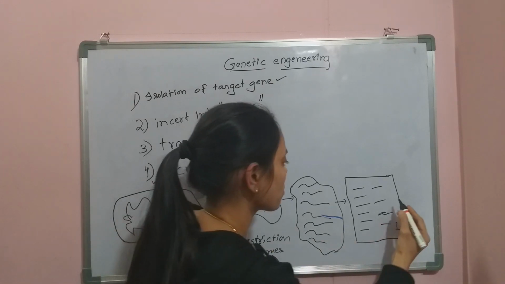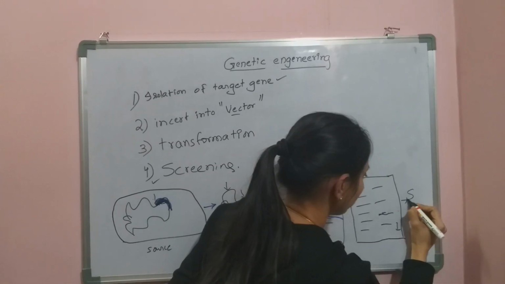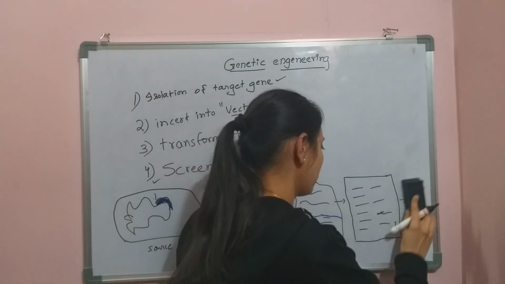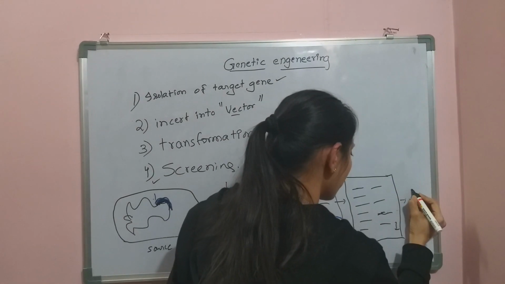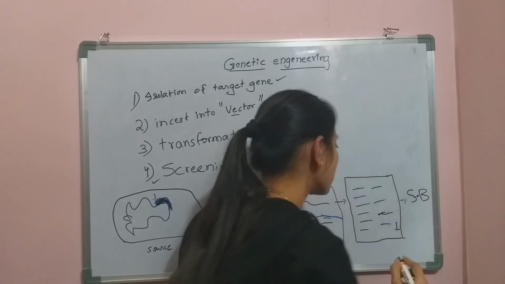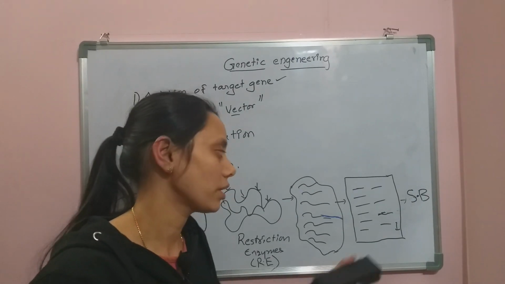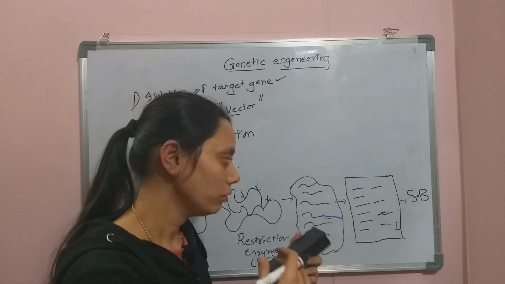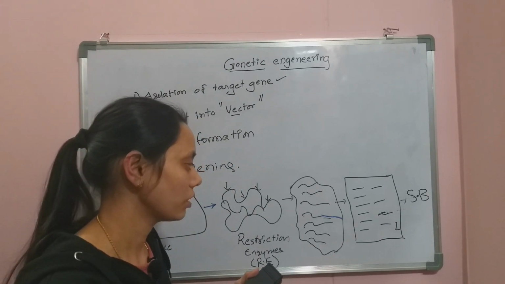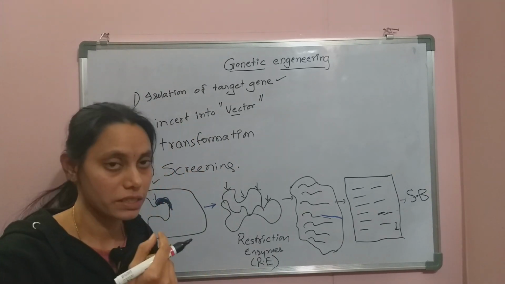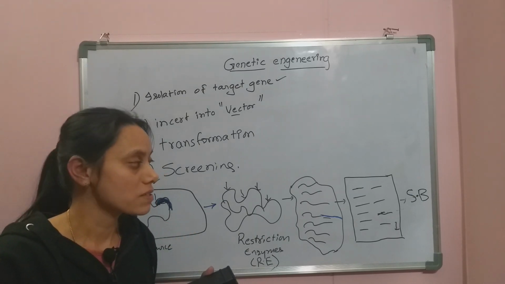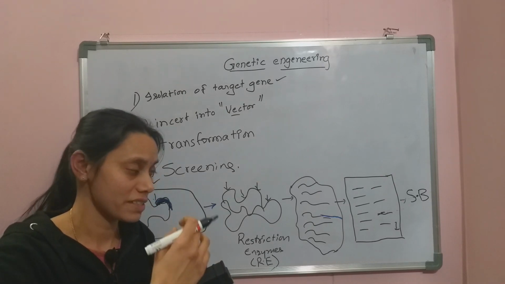Generally we'll go for Southern blotting or similar procedures which can identify the target gene from the set of separated bands in the gel electrophoresis. Generally, if we know a small piece of sequence in the target gene, we can simply hit that sequence.